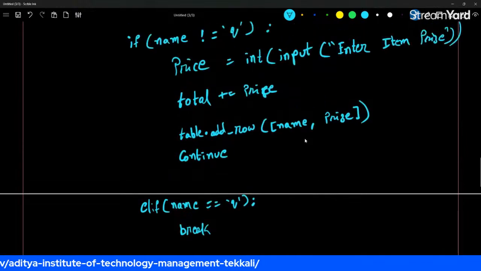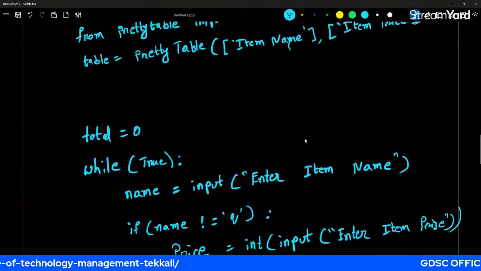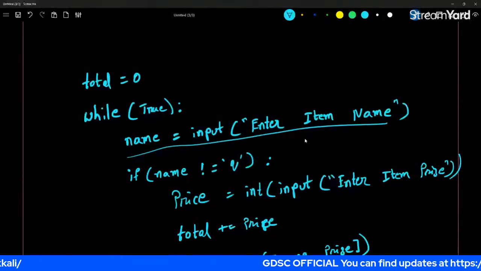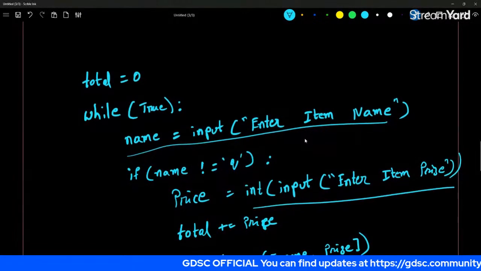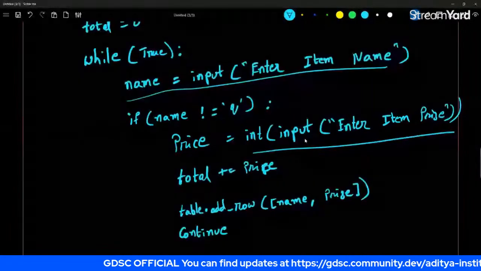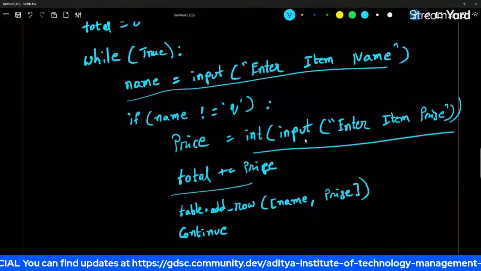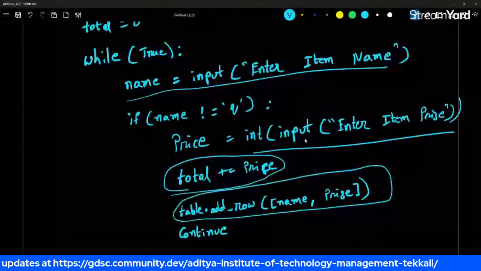So okay, this is what it does: it takes input from the user, and it takes the price from the user, and it will calculate the total here, and it will add the row to the table, and we are continuing.